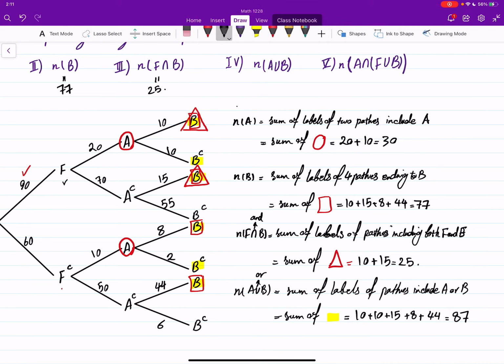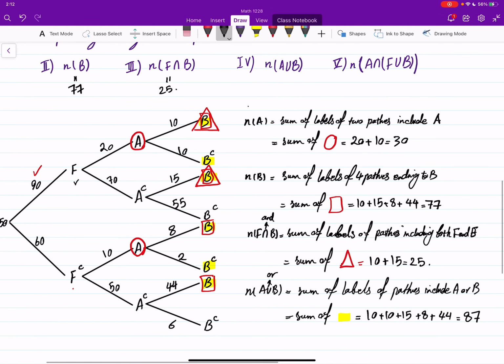Is there anything yet? My number is a little bit off here. I don't know why, because I have the complement. This is 61. This must be 60, 89. 10, 10.